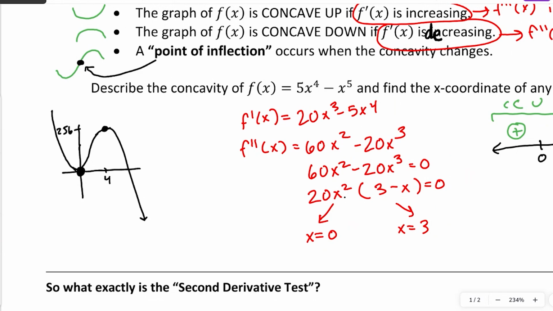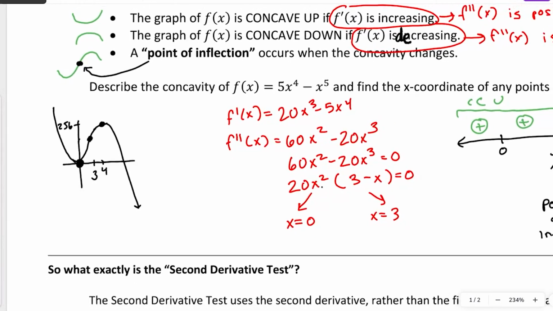So we just solved that, right? We found that happens at x equals 3. So at this point is where the graph switches from being concave up to concave down. And we could plug in 3 if we want to know exactly what that point was. But yeah, any questions so far?